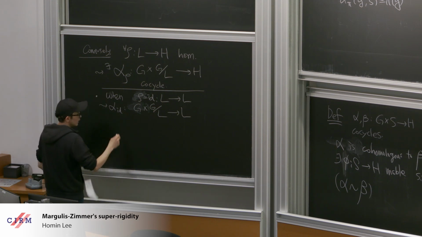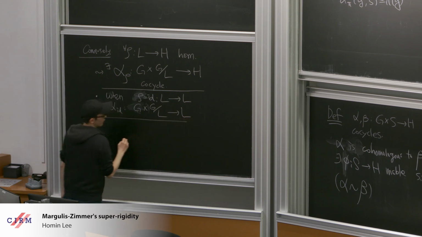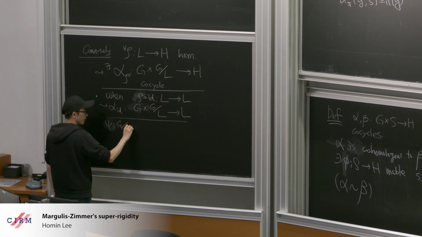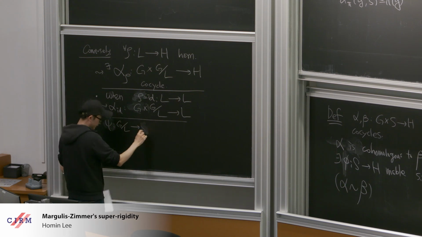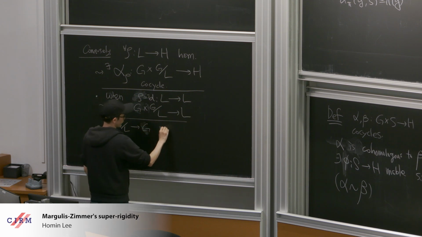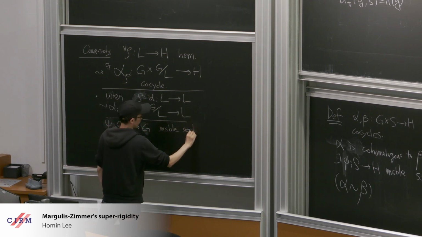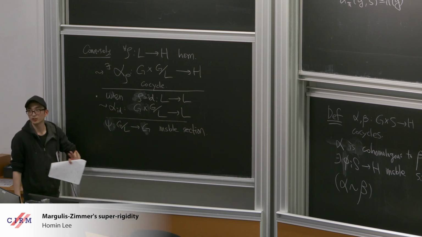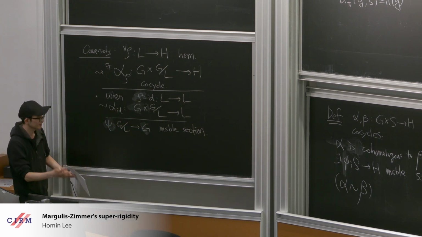So let me see. Again, I want to think about the psi. This is again the measurable section. And I will write down the cocycle, and the justification is again the exercise.